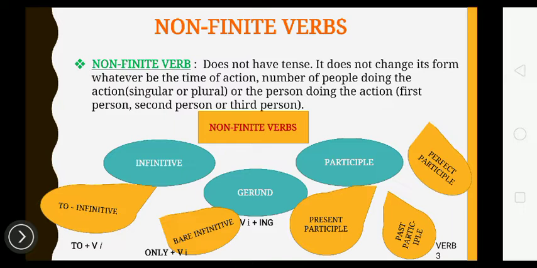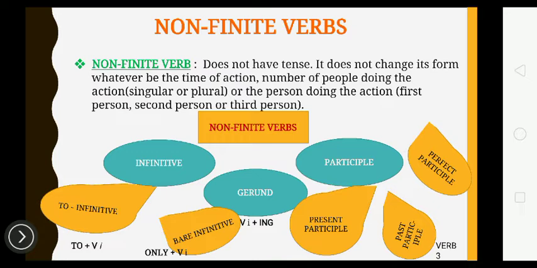So let us wrap up. From the starting we discussed the verb, doing verb, being verb and having verb, what are they, then principal and auxiliary verb, then we talked about regular verb and irregular verb. In regular verb, it is dependent on the first form of the verb, when we add ed or t at the end, then we find the second form of the verb and third form of the verb.